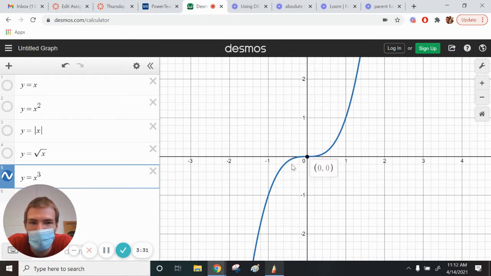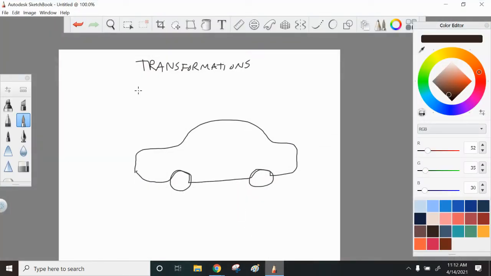Okay, now we're going to call this another vocab term. We're going to call this the vertex. Now the vertex would be like that middle point of the graph.